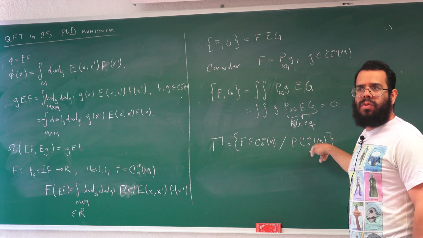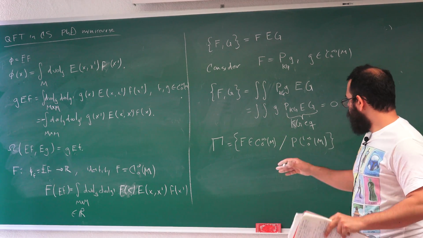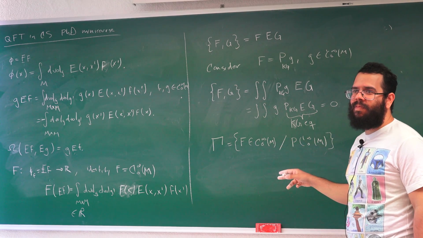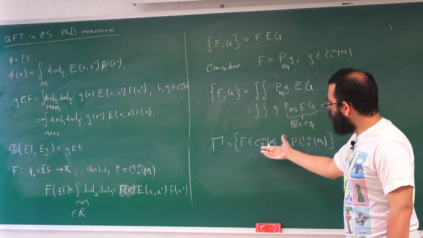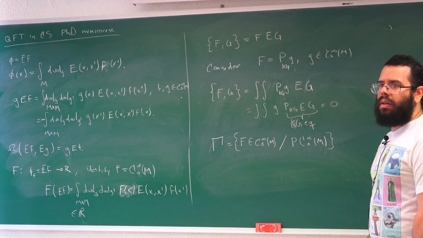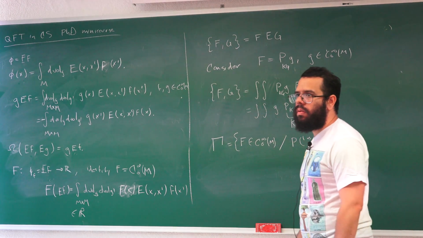If two functions differ by P acting on a smooth function, we identify them. So in particular, we can identify all the functions of this form with 0. Right? And on this space, that Poisson bracket is fine, it's non-degenerate, and this is the space of observables.